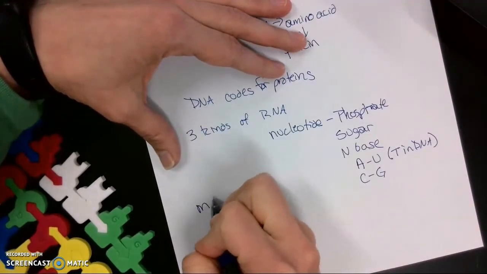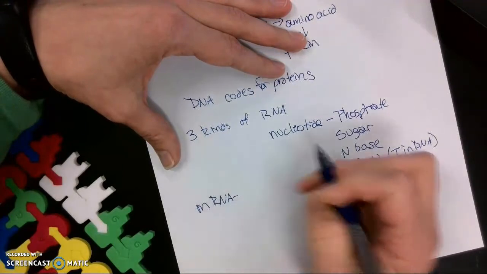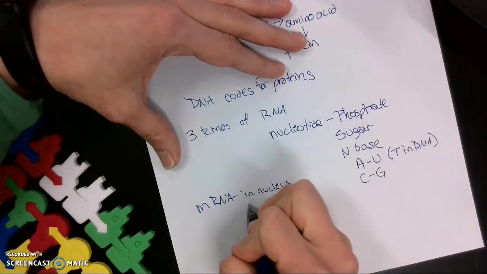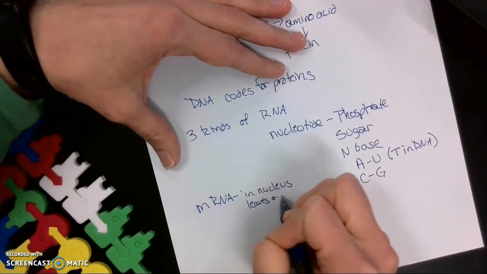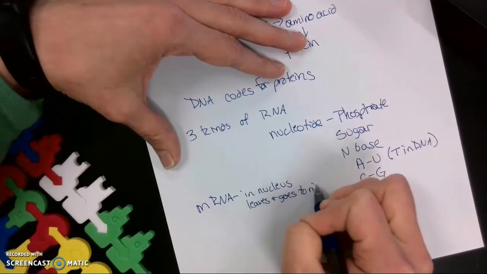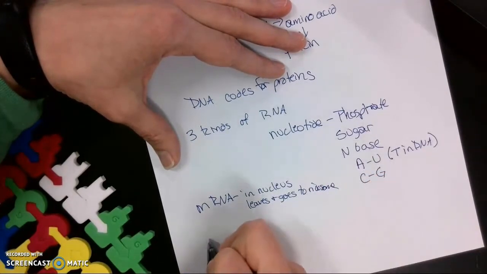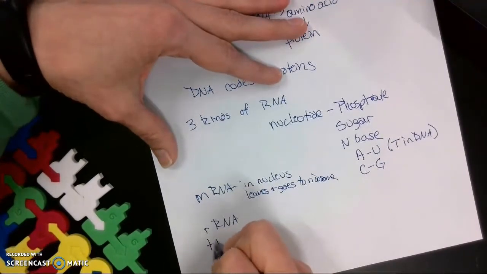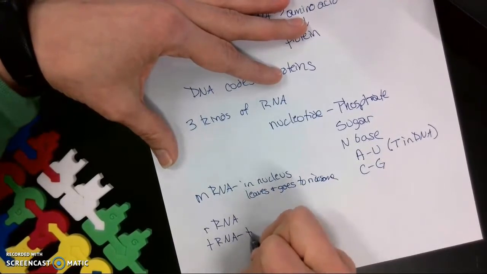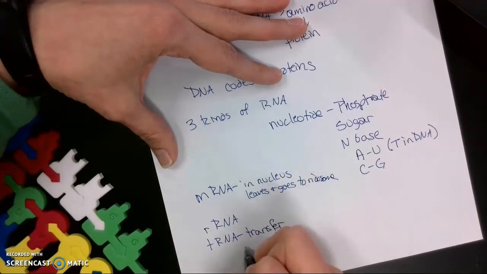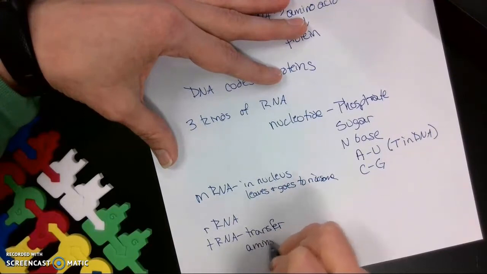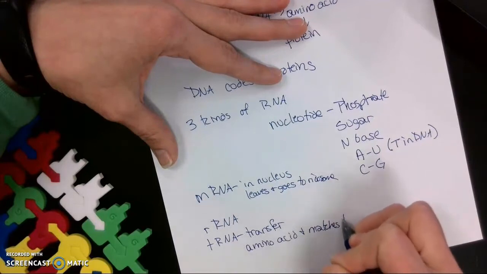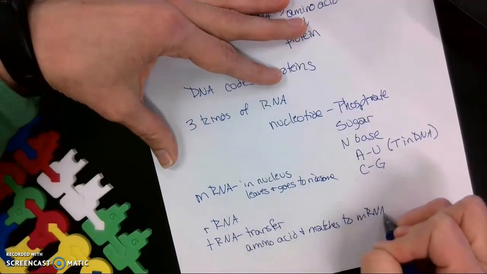And we said that we have messenger RNA, and that is in your nucleus. And then it leaves and goes to a ribosome. You have ribosomal RNA that we're going to talk about today, and then you have tRNA. tRNA is transfer RNA, and it takes an amino acid and matches it to your mRNA.